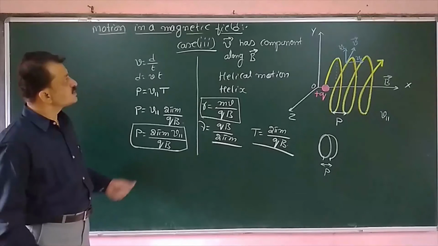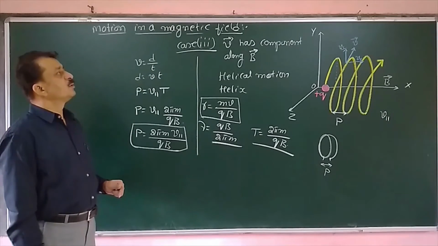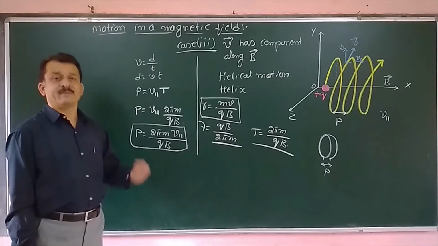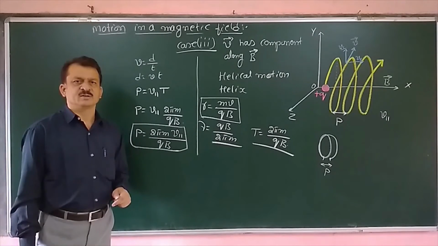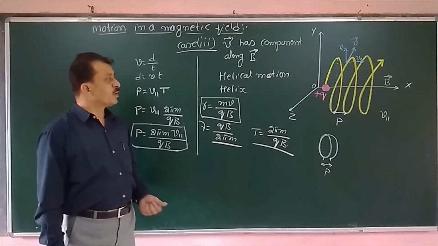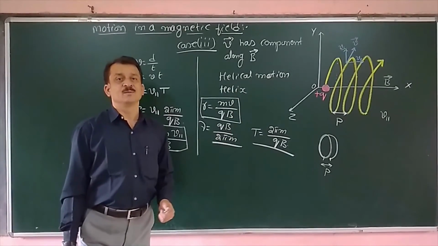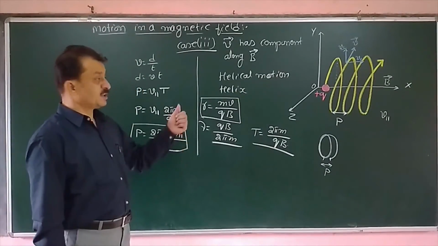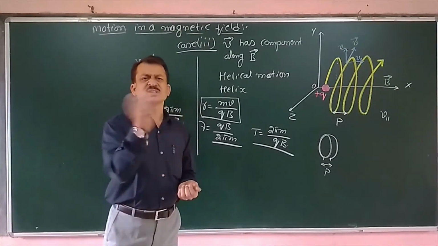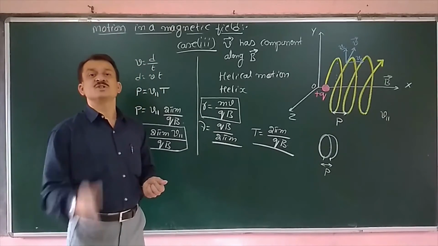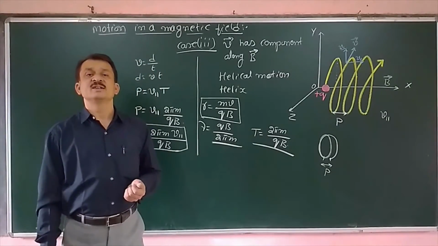Okay, that is in the case of velocity having a component along the field direction. Clear? In nature we observe this type of helical motion, even in the atmosphere. During solar flares, some charged particles like electrons and protons come out of the sun.